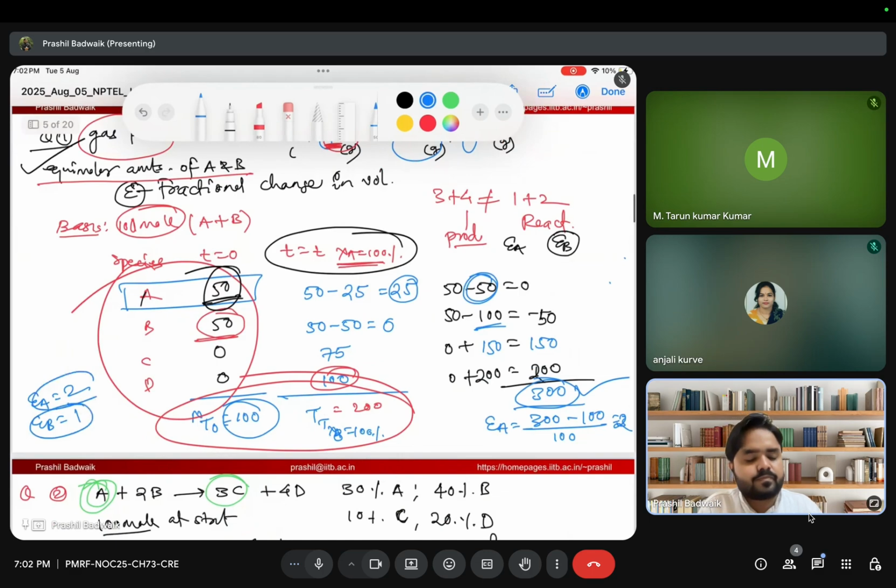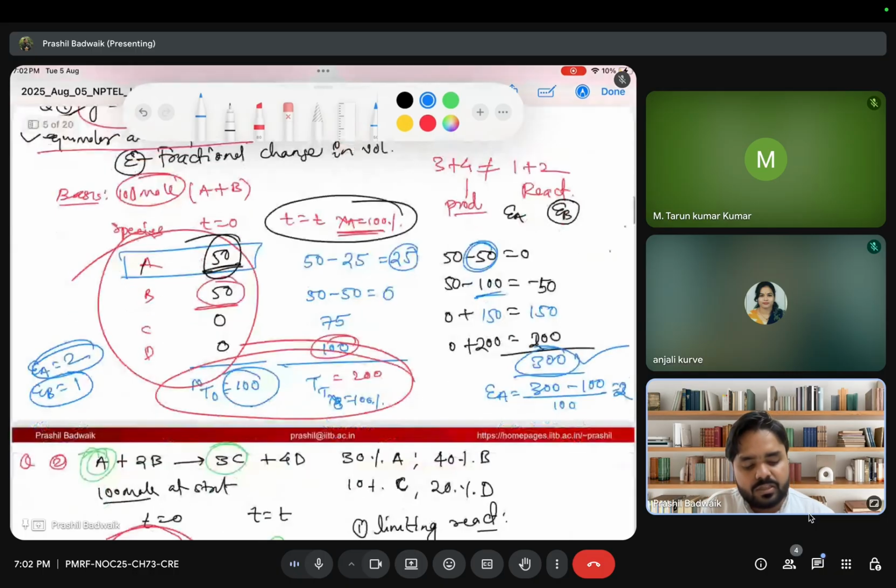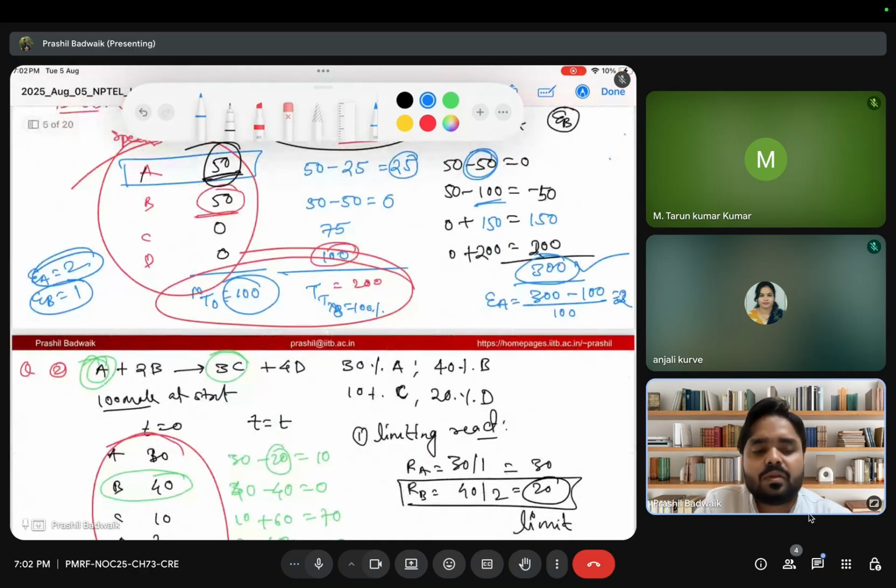Epsilon B is 1. So we can calculate epsilon A and epsilon B for these reactions. Understood? Should we move forward?